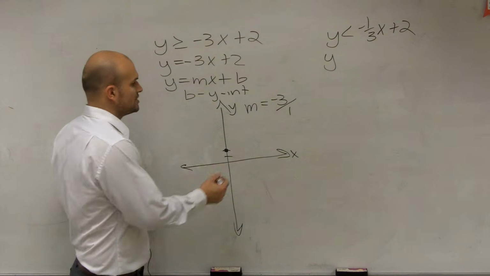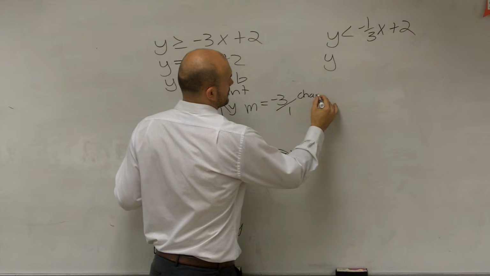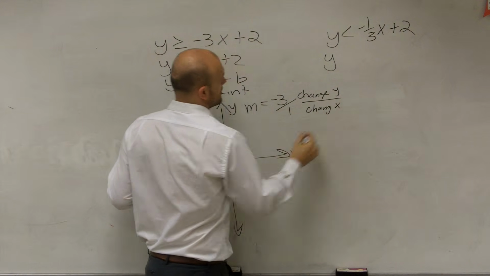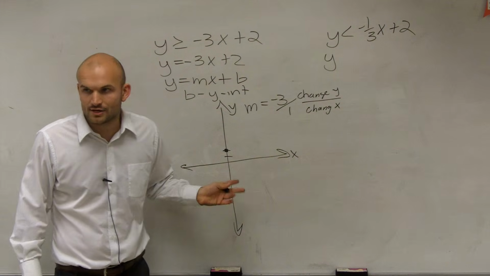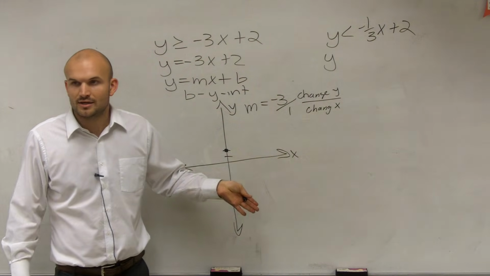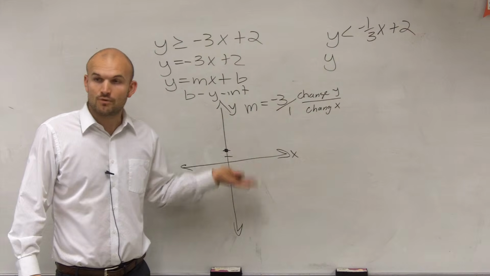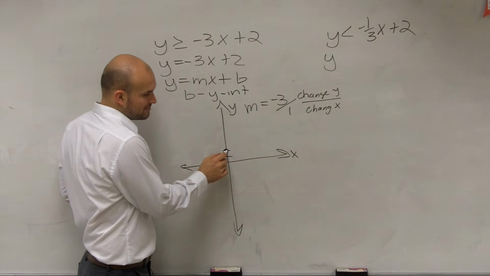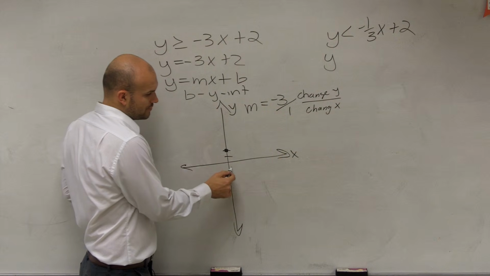So now what does -3 tell us? Remember, it's the change in y over the change in x. So if the change in my y coordinates between one point and another is -3, am I going to go up 3 or down 3? Down. So from this point, I go down 3. 1, 2, 3.